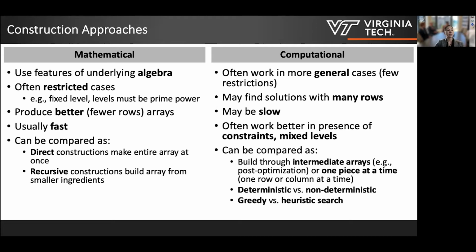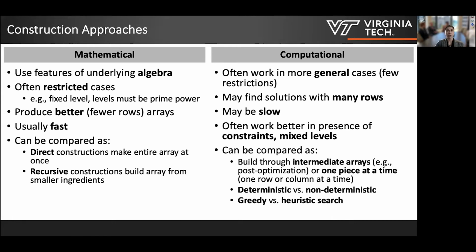They tend to produce better arrays that have fewer rows, and they are usually quite fast. Mathematical constructions can be compared against each other as either direct constructions that make the entire array at once, or recursive constructions that build an array from smaller ingredients.